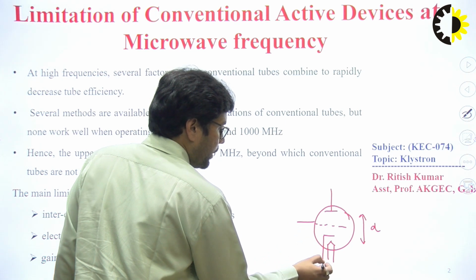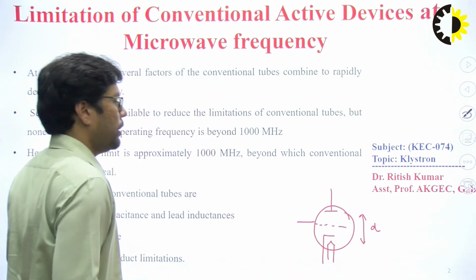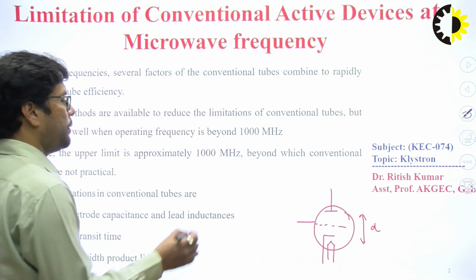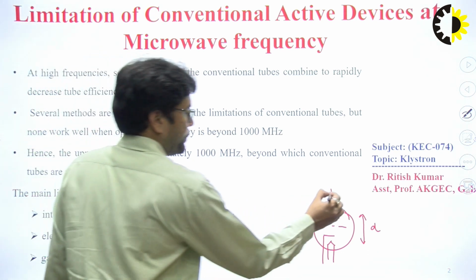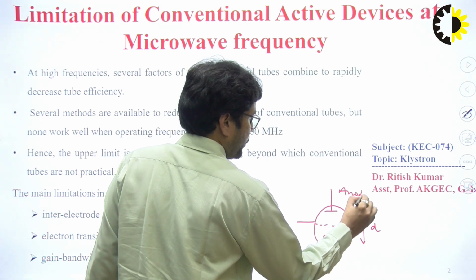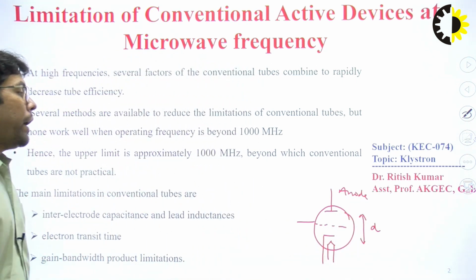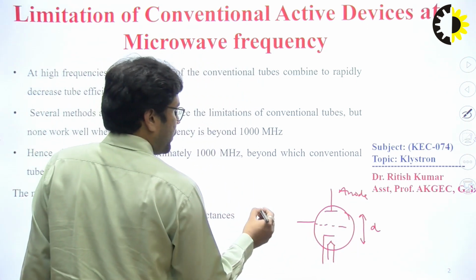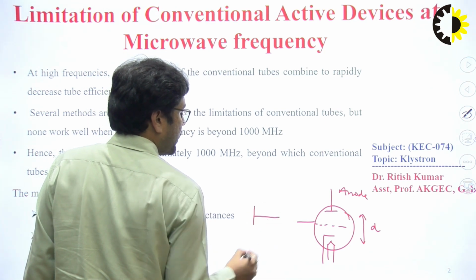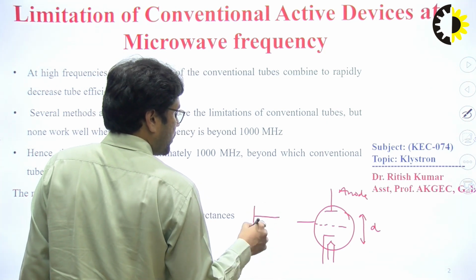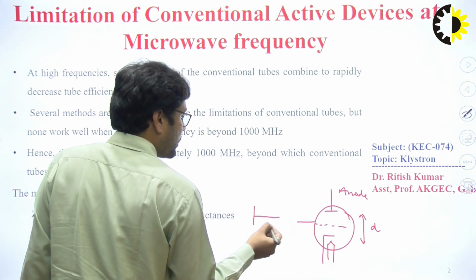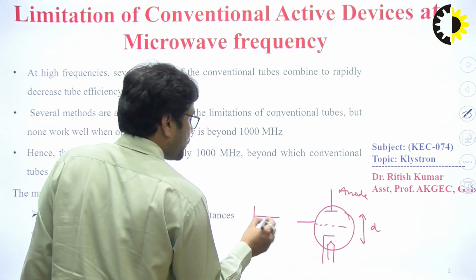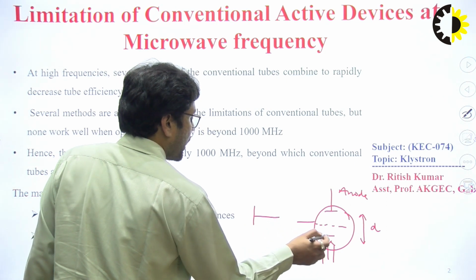By activating the cathode, electrons are generated; they pass through the grid and reach the anode. By applying some signal at the grid, we can control the movement of the electron from cathode to anode.